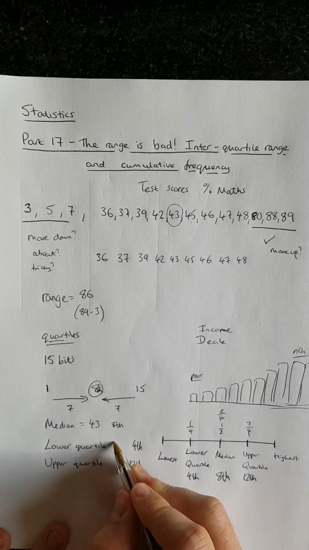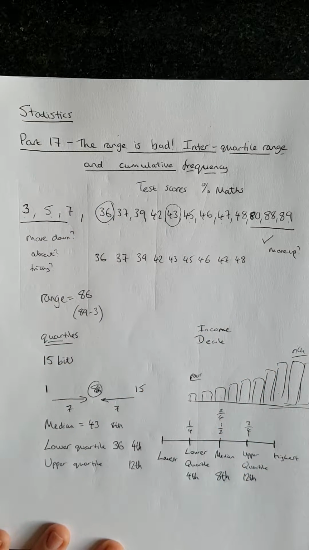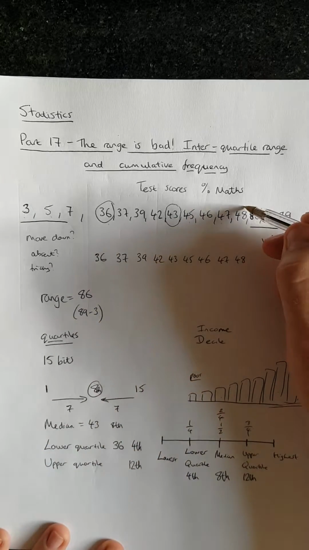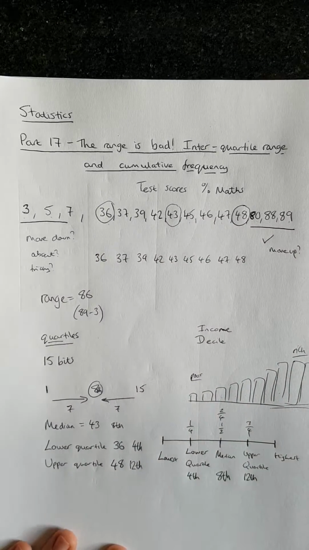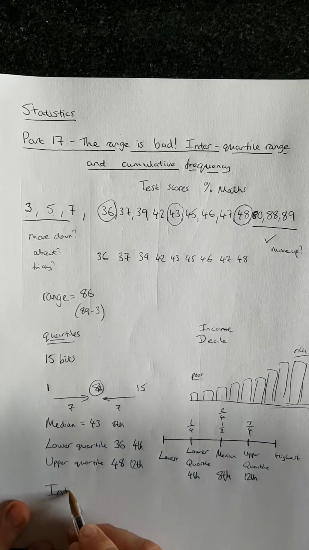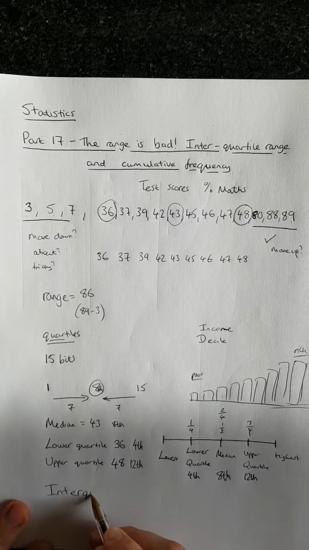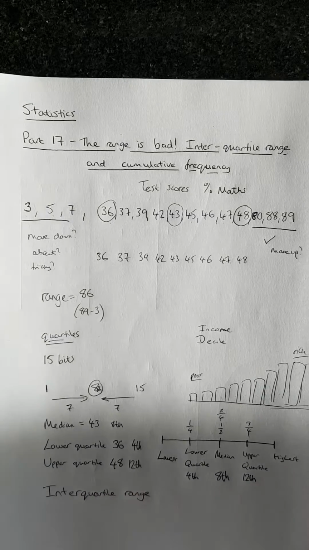So the 4th piece of data is 36. The 12th piece of data is 48. I'm now going to introduce you to a new term, which is the interquartile range.